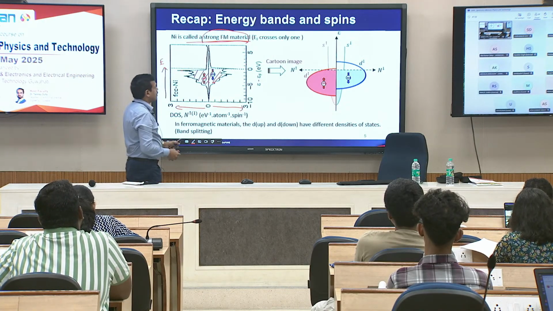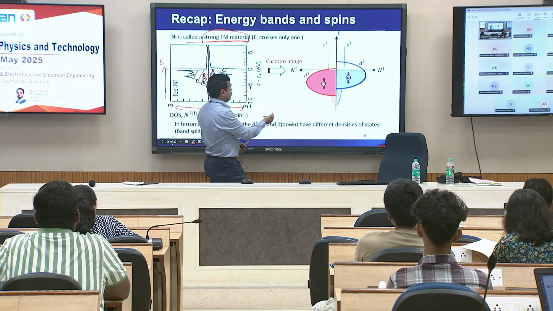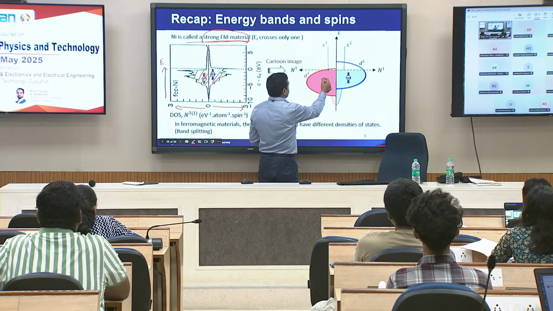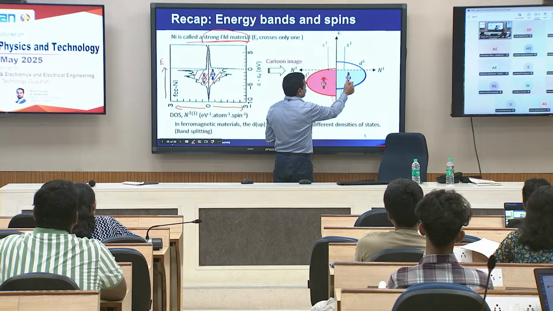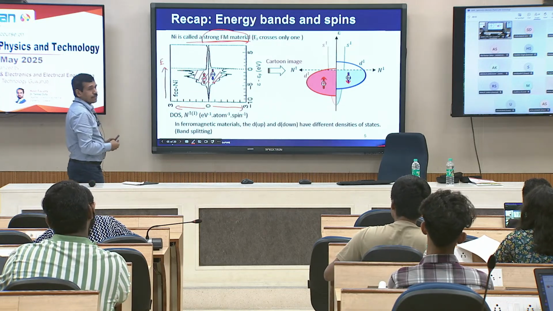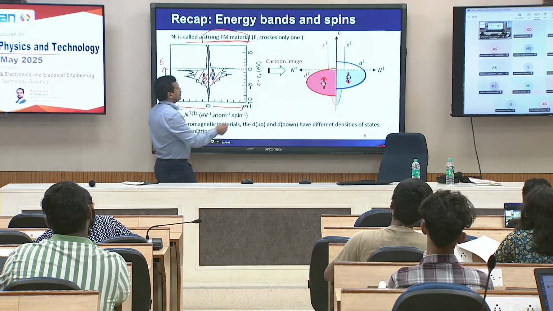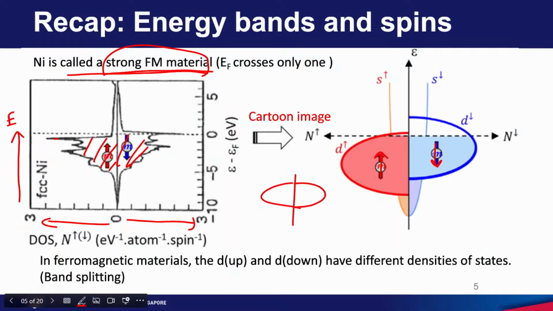Okay. So, in ferromagnetic materials, you will notice that the band where the up electrons get filled and the band where the down electrons get filled, they are shifted. Okay. There is a splitting of the band. So, in non-magnetic material they will be symmetric, okay.